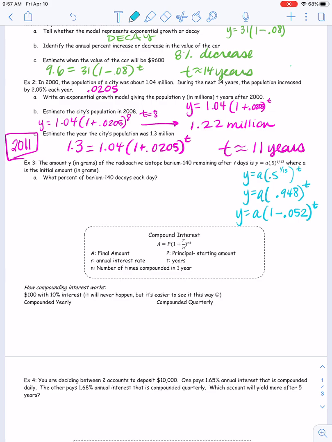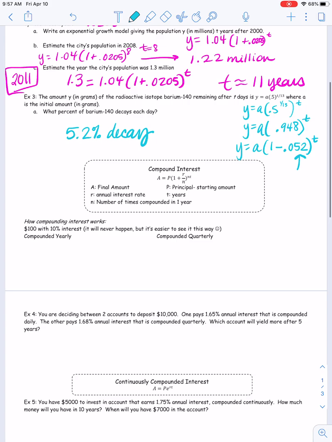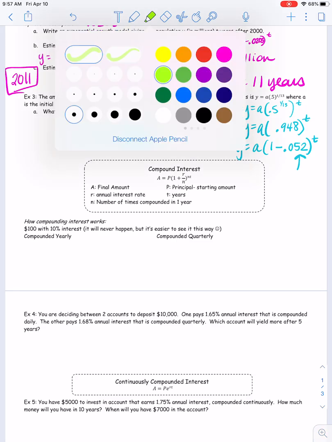Those are the same exact things, but now we can identify what they're asking in part A. What percent of barium-140 decays each day? 5.2% decay each day. I'm seeing that right here. That's my rate as a decimal. Move it 2 places to the right, I get a 5.2% decay. That should have been a problem that you probably could have done last week.